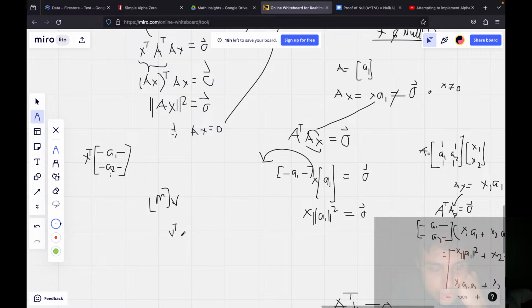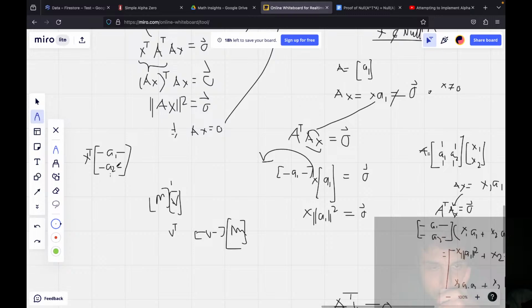We can take v and flip it to v transpose, and then M. As a recap of matrix multiplication, applying M to a vector basically weights all the columns.